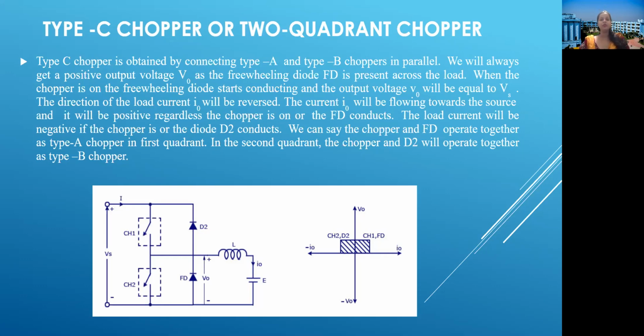To produce negative torque, we need to flow a negative or reverse armature current through the motor, and the same thing is happening over here: a reverse current is being generated, and that is why the second quadrant operation is denoted as braking operation.